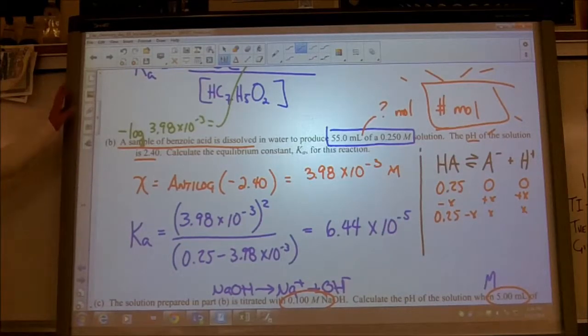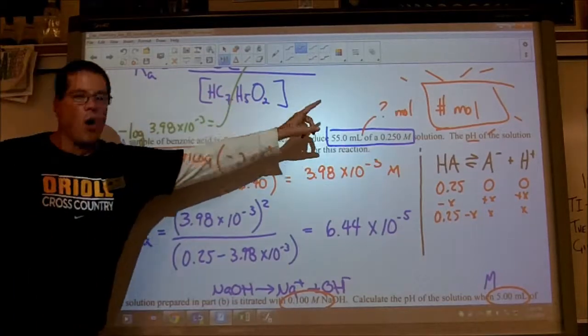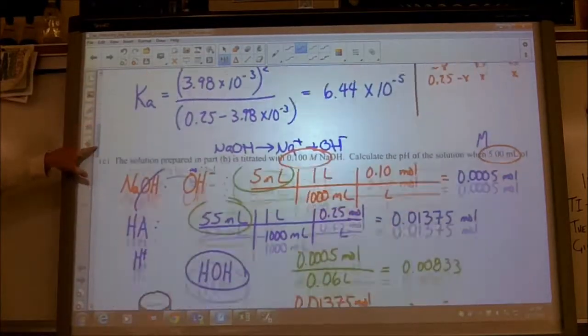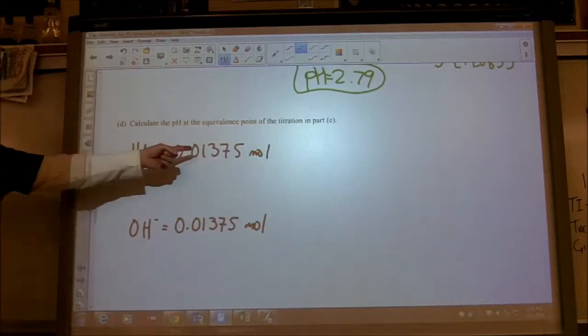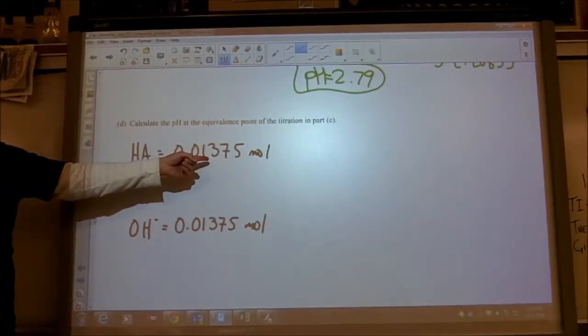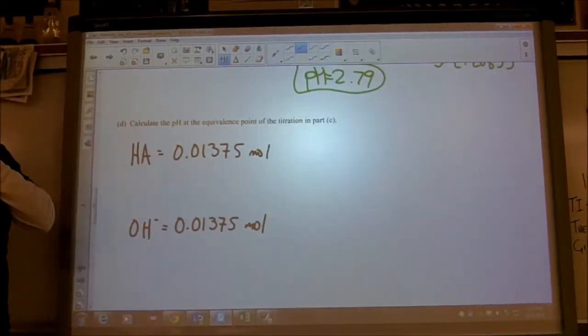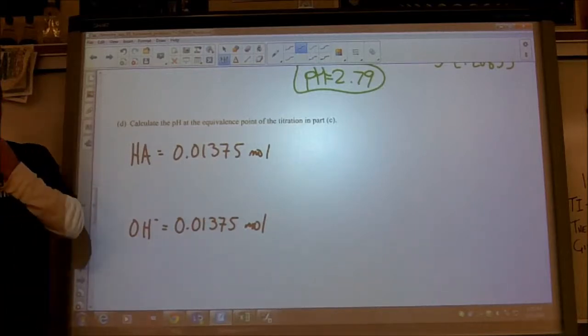Wait, so then why is that for both HA and OH negative? Oh, okay, so at the equivalence point, good question. So we know that this is how much we have. At the equivalence point, how much base do we need to have to get to the equivalence point? But why is hydroxide the same? Okay, what is the definition of the equivalence point?